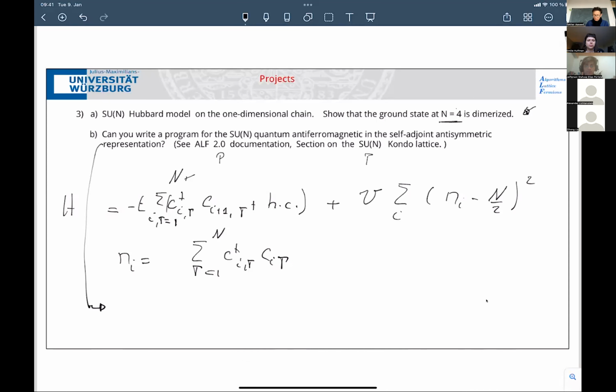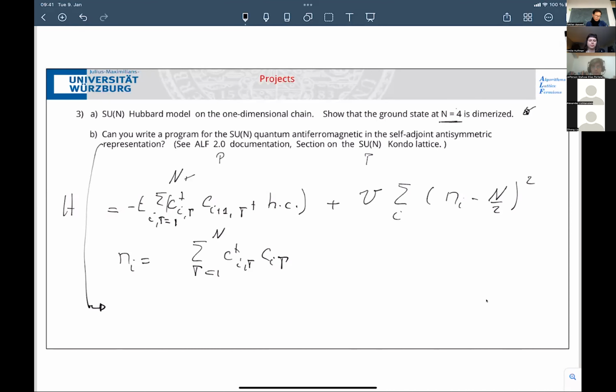If you understand this SU(N) Kondo lattice, then you will understand how to implement an SU(N) quantum anti-ferromagnet, and then you can start playing with this quantum anti-ferromagnet instead of the Hubbard model. But you will get the same answer. You will not learn anything physically, but you may want to play with Heisenberg models as opposed to Hubbard models. But the physics is the same, because there's a charge gap.